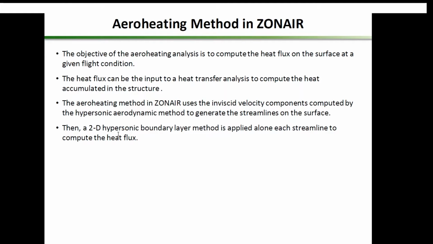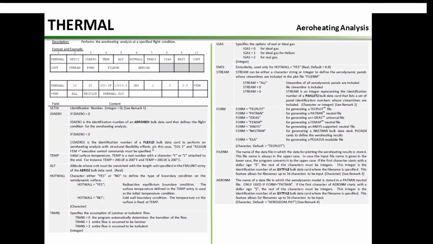Then a 2D hypersonic boundary layer method is applied along each streamline to compute the heat flux. So in other words, the aeroheating method in ZONAIR is somewhere between a 2D and 3D method. So we call it the 2.5D aeroheating approach.